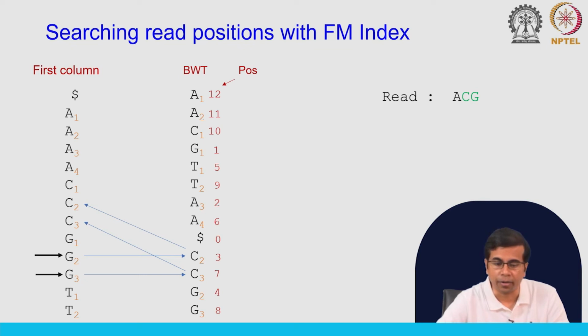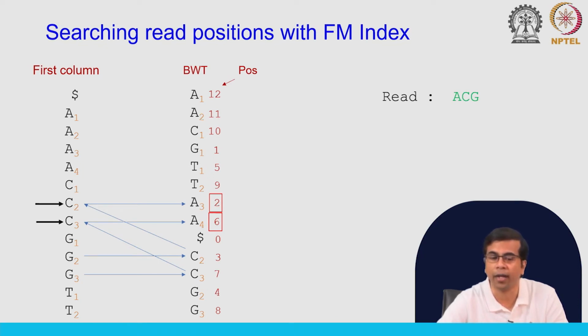We keep the rotation in mind, and we see both C2 and C3 give A before this C. So, both C2 and C3 have A in front of them, and they will be matches.